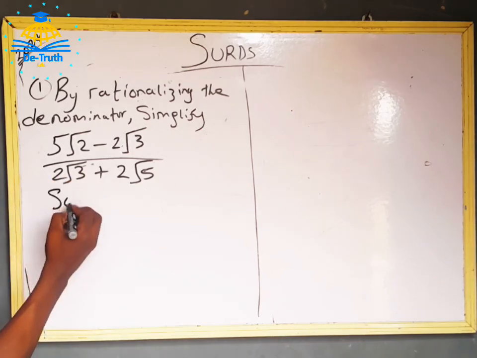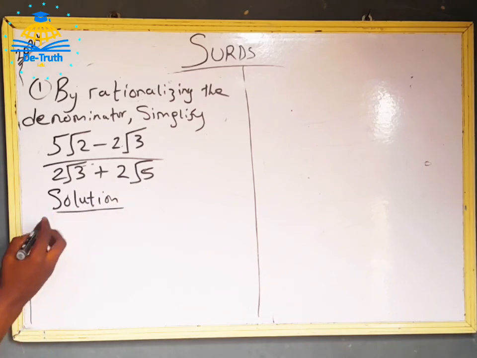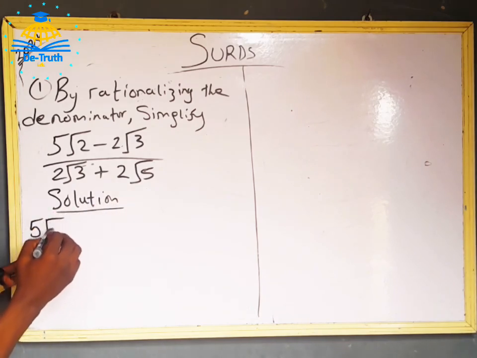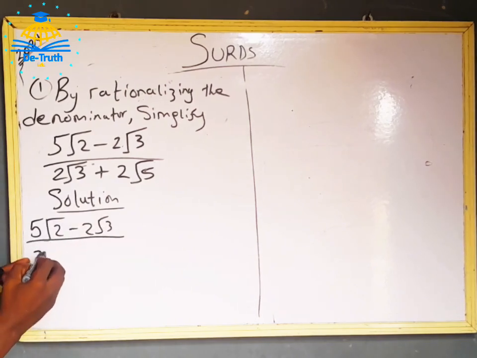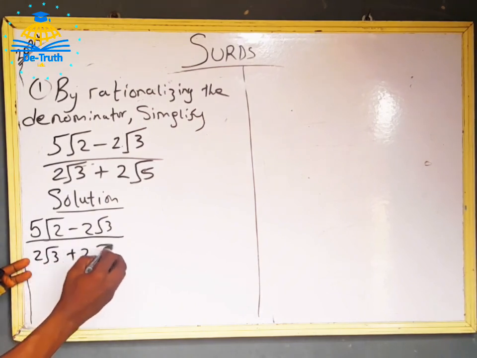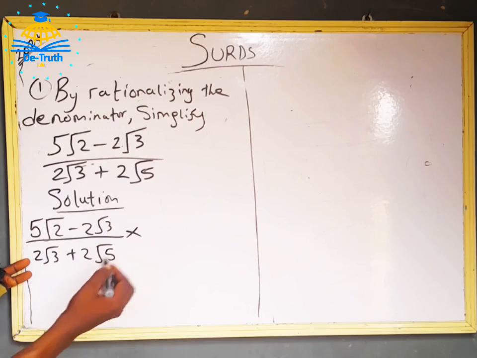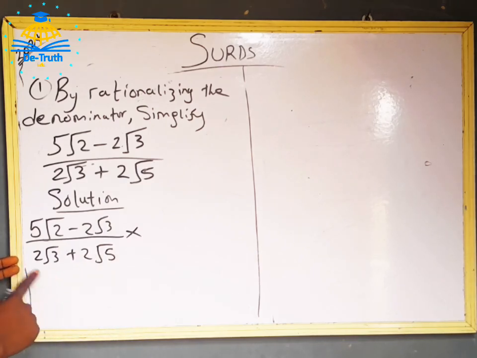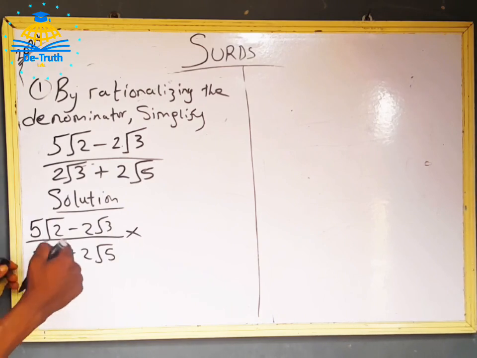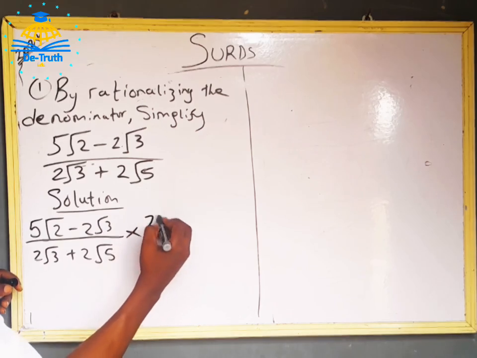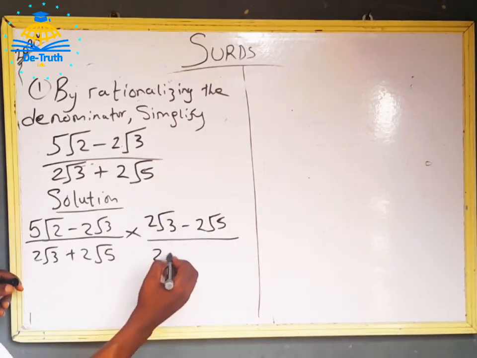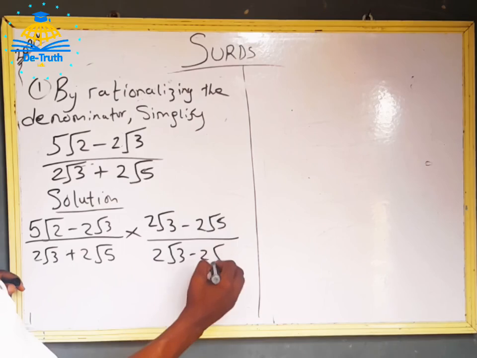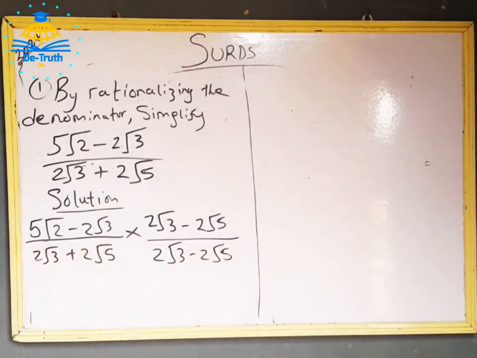So now the solution: 5 root 2 minus 2 root 3 divided by 2 root 3 plus 2 root 5, times the conjugate of this denominator, which is simply this thing written back but changing the sign from plus to minus. So you have 2 root 3 minus 2 root 5 divided by 2 root 3 minus 2 root 5.